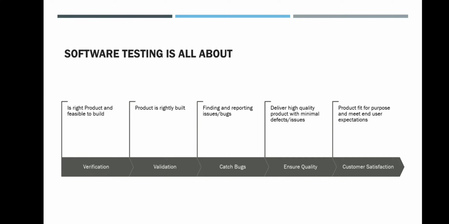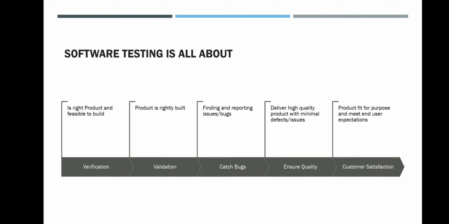In very simple words, verification asks whether it is the right product and feasible to build. Then the first step is passed: yes, we verified that we are building a feasible product. Now the time comes for validating it. Validation asks: is the product rightly built? To complete verification and validation, we also find the bugs.